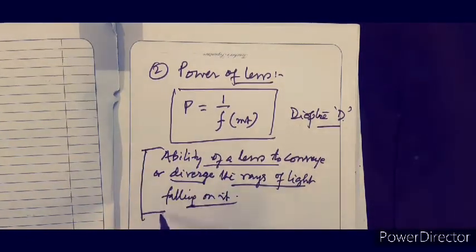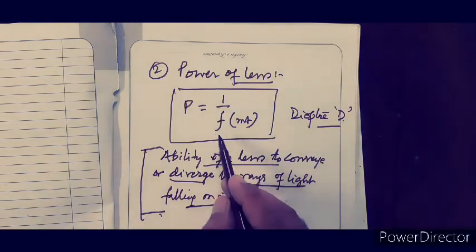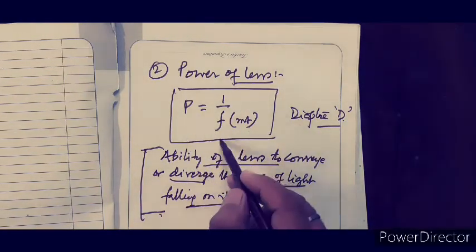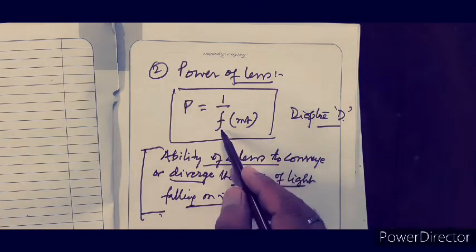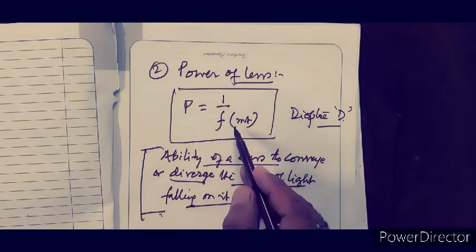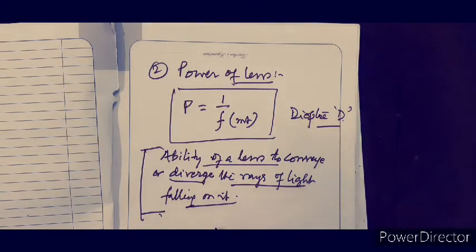That's the basic idea. And power is equal to 1 by F, in meter. That's a diopter. If focal length is given in centimeter, you have to convert it into meter. Simple. And power is equal to 1 by F.